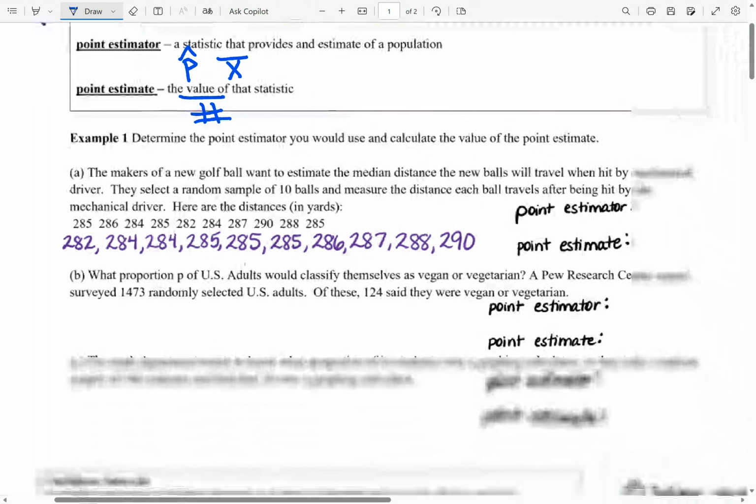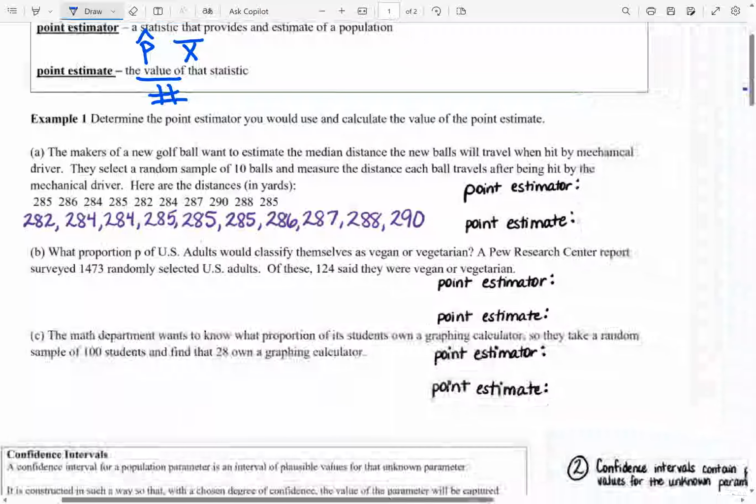And then the point estimate is the value, in other words, the number of that. So for example, example 1a: the makers of a new golf ball want to estimate the median distance the new balls will travel when hit by a mechanical driver. They select a random sample of 10 balls and measure the distance each ball travels after being hit by a mechanical driver.